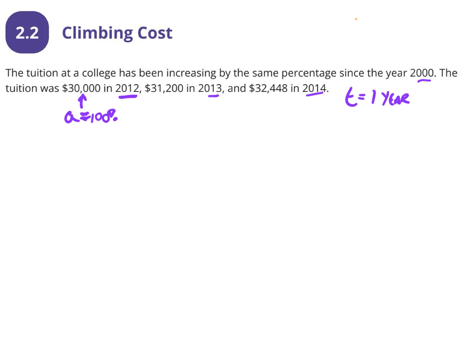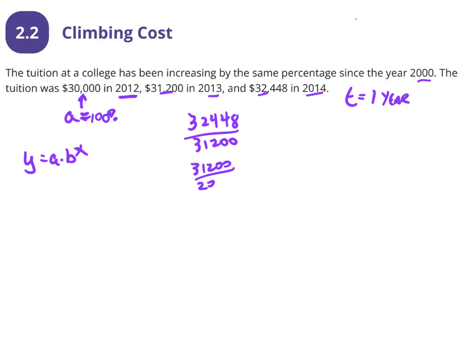So now we got to find B. So y equals A times B to the x. So now how do I find B? Well, I'm given dollar amounts. If I take 32,448 and divide it by 31,200, or if I take 31,200 and divide it by 30,000, I should get 1.04, a growth of 0.04.